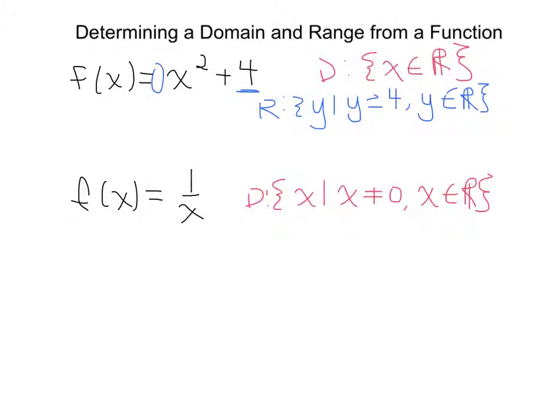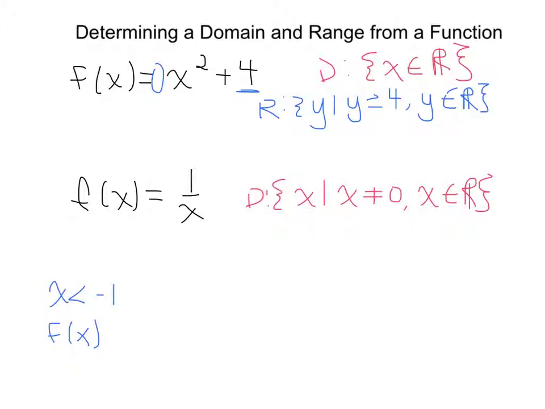And our range, what values do we get out of this? If we put a negative number in here, we know we're going to get a negative answer. 1 divided by a negative number is a negative answer. And we also know that if x is between negative 1 and 0, say we use negative 0.5 as an example, then 1 divided by negative 0.5 gives us negative 2.